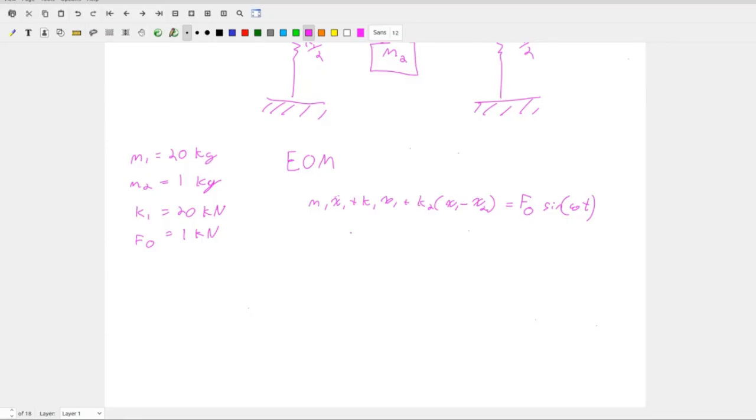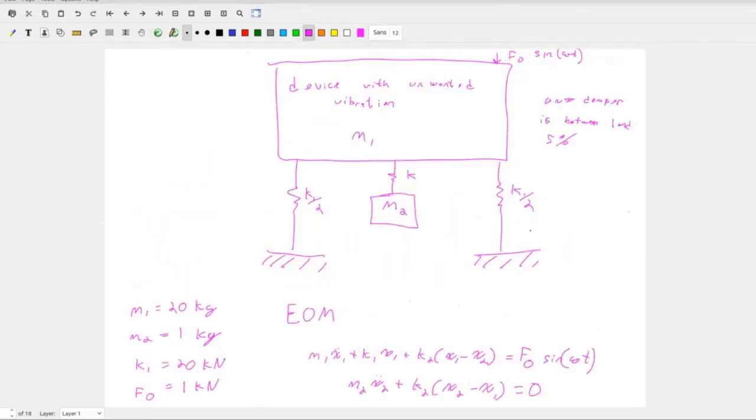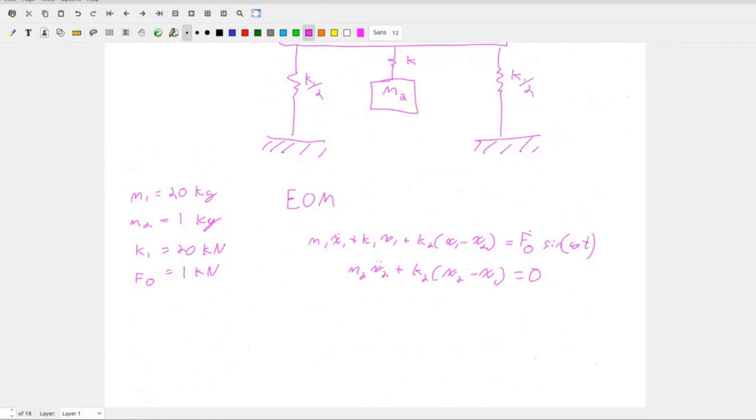And then m2 x double dot of 2 plus k2 (x2 minus x1) is equal to 0. Right, so we don't have any driving force on our bottom block, so it's equal to 0.